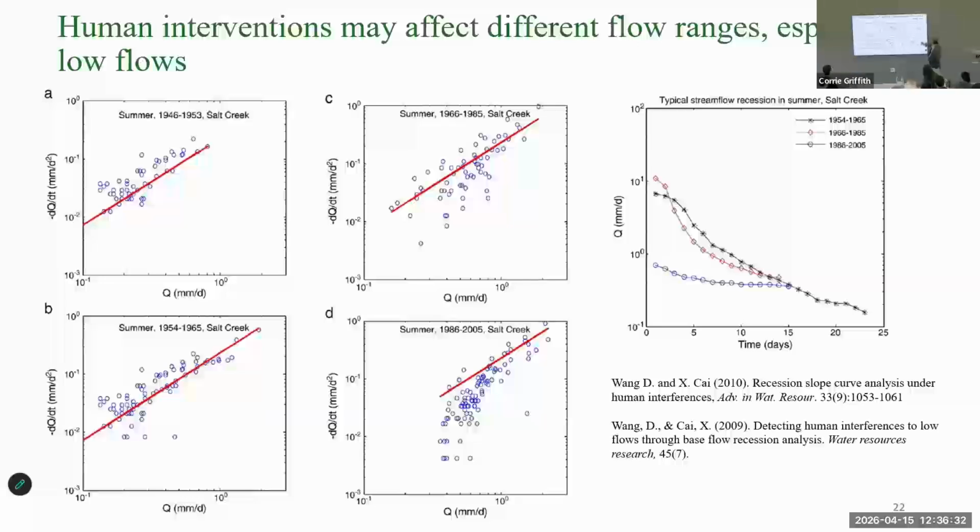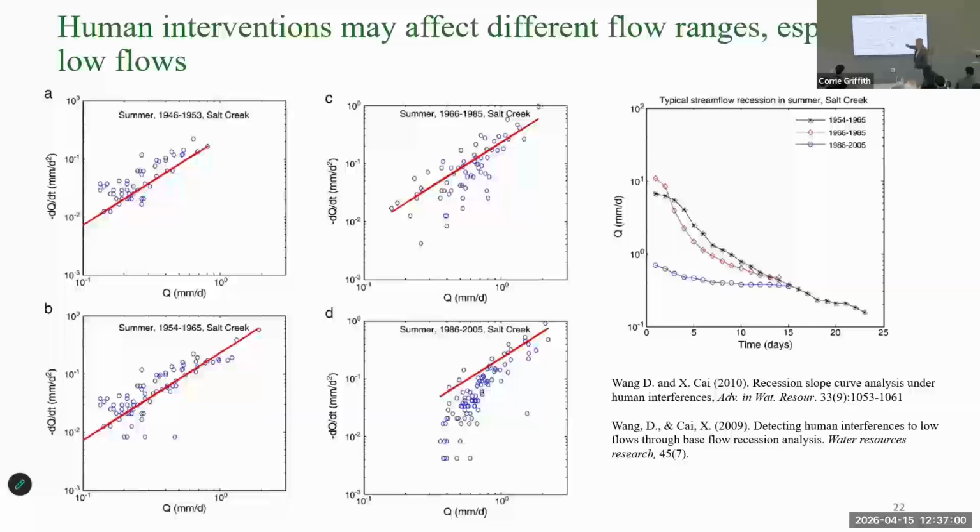He basically showed this. This is a famous log-linear relationship used in flow recession. But we found that because of water withdrawal in recent years, the log-linear relationship developed by Professor Brutsaert, a famous professor, right?